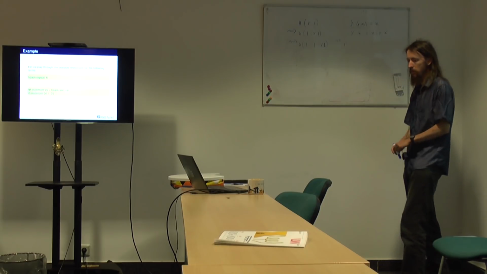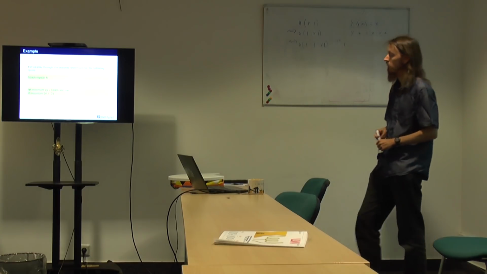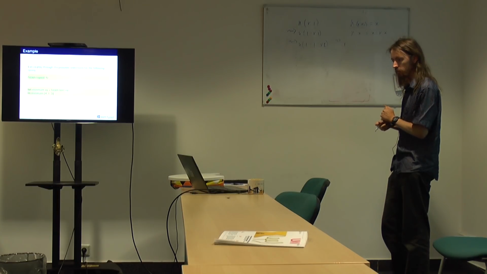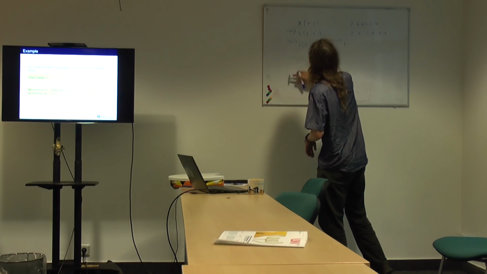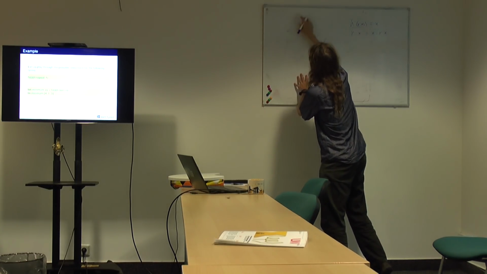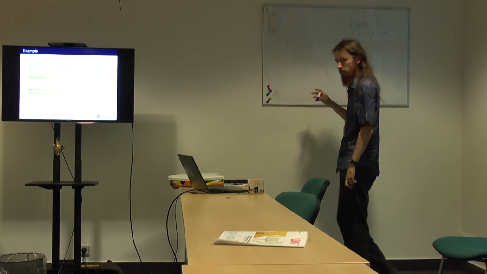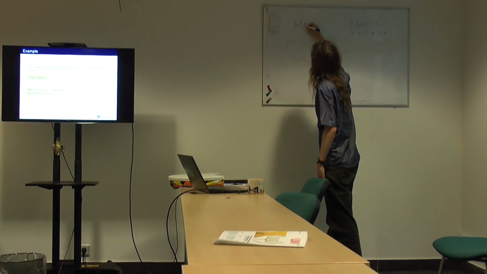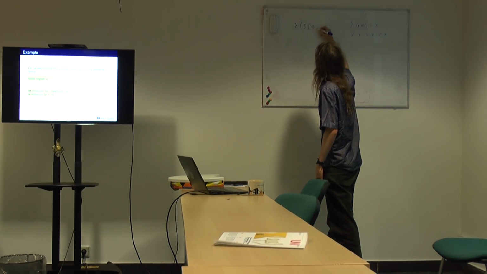So this one defines minimum as the head of sort of xs. I'm not going to define sort, but we can. Let's look at this example, because this shows a slightly different outcome. Starting with head of sort of 4, 1, 3.